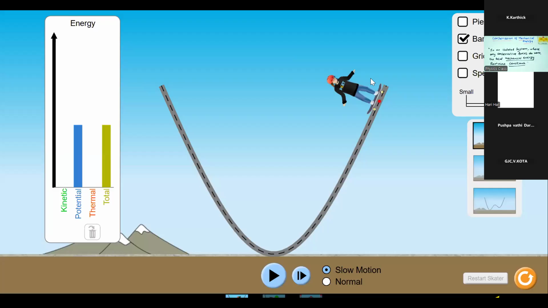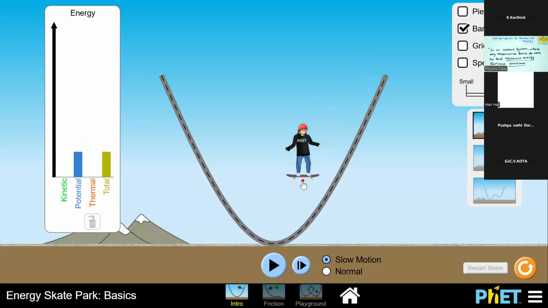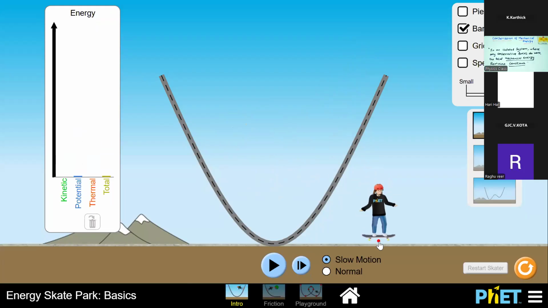So here you can look at one important, fantastic simulation. Look at our skateboarder. As the skateboarder moves along the track, observe the energy bar here.